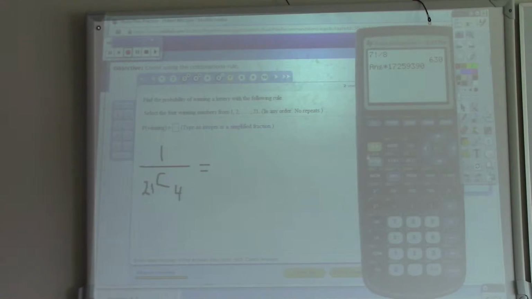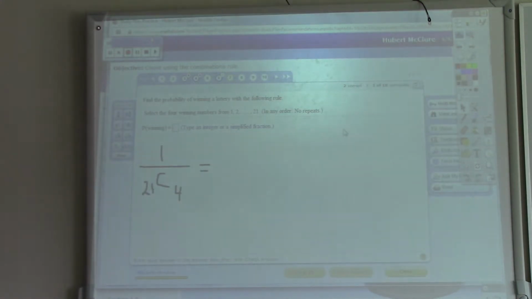There we go. 21 combination of 4. So 1 over 5985. And see, you get it right. But if you put 5985 in there without the 1, it'll count it wrong. And that's 5 or 10 points on the test that you don't want to see go.